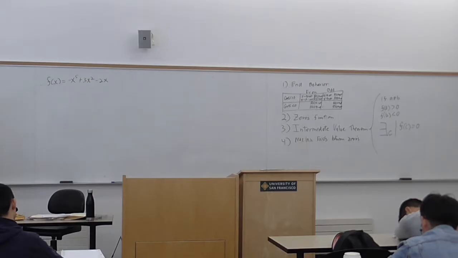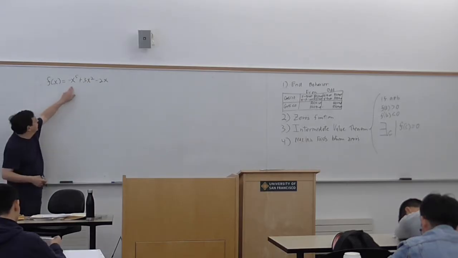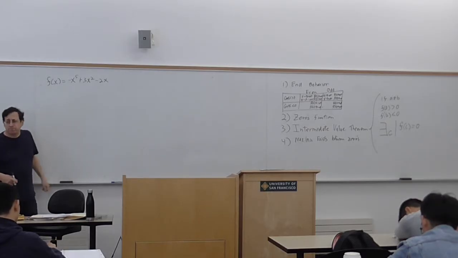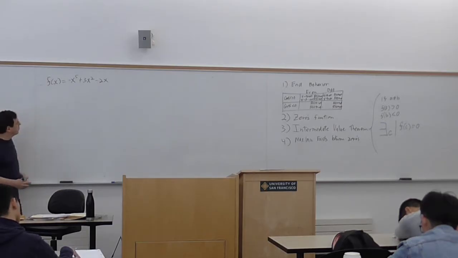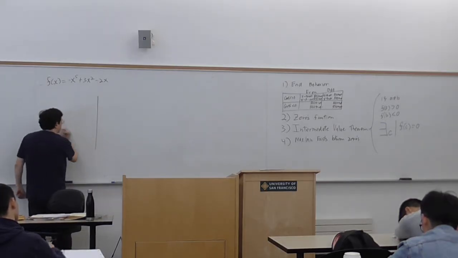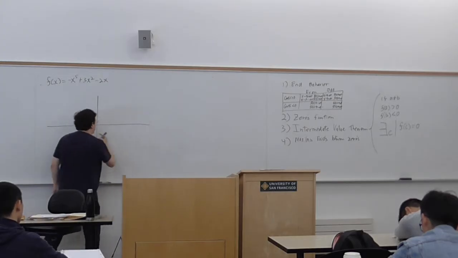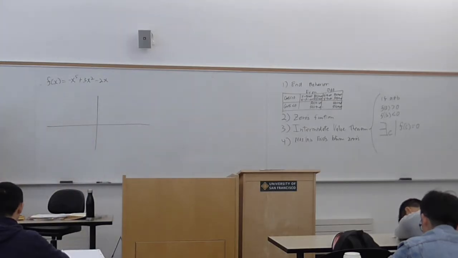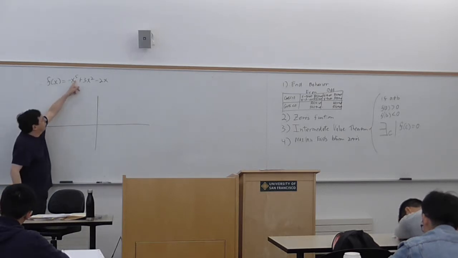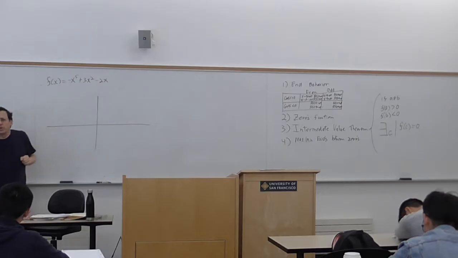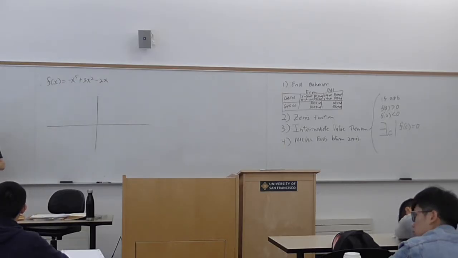So the first question now is what is the end behavior of this function? In other words, what happens as x gets very large or x gets very small. Well, you see this is an odd exponent, right? Yes, Kira? It's going to get larger in the other direction.